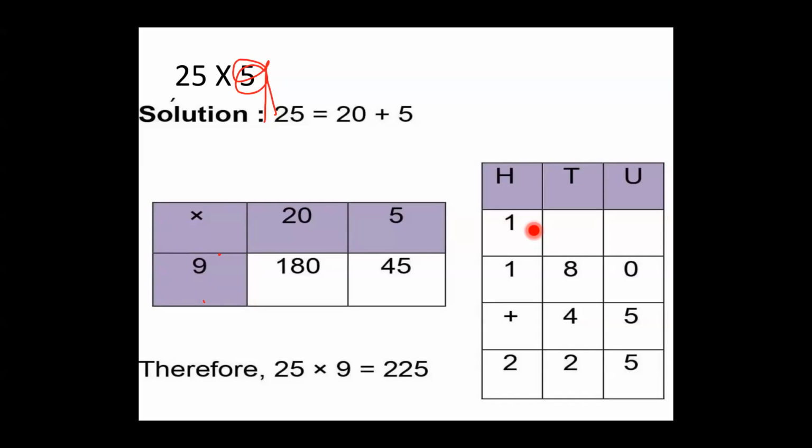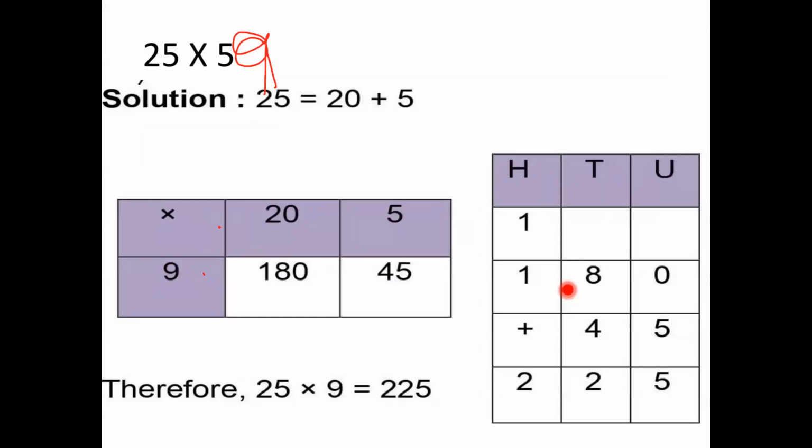Correct. Now look at the hundreds place. 1 plus 1 is how much? 2. Correct. So that means, therefore, 25 multiplied by 9, how much is the answer? 225. Correct. Okay. That means everyone has understood, right?